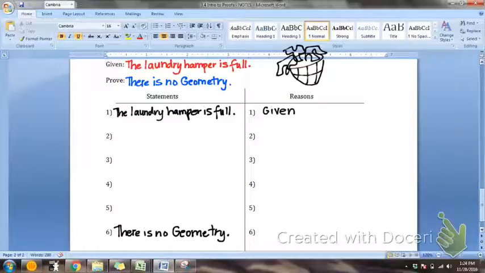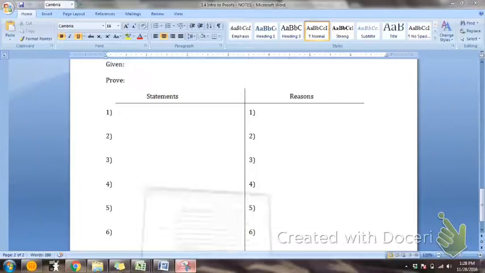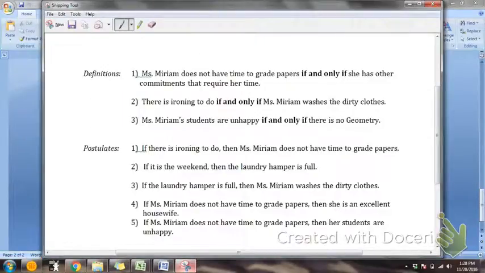All right, now let's go back to our list up at the top. The laundry hamper is full is what I'm starting with. So I need to find something that's talking about the laundry hamper being full. Does anyone see the laundry hamper being full? Yep, number 3 on the postulates, right? And I've already talked about the laundry hamper being full. So what's the next thing that comes after the laundry hamper being full?